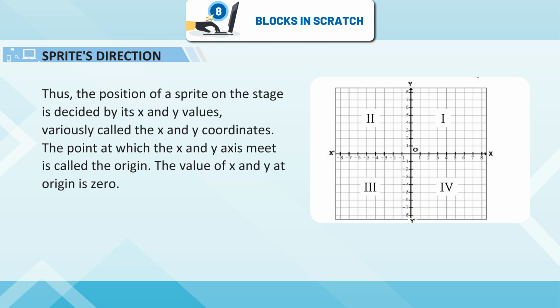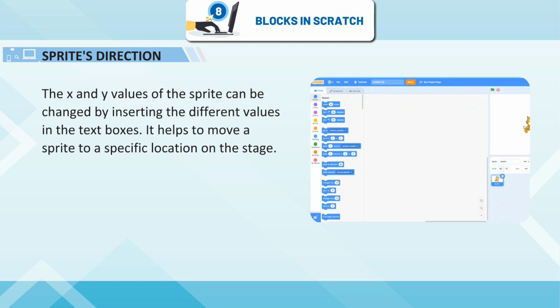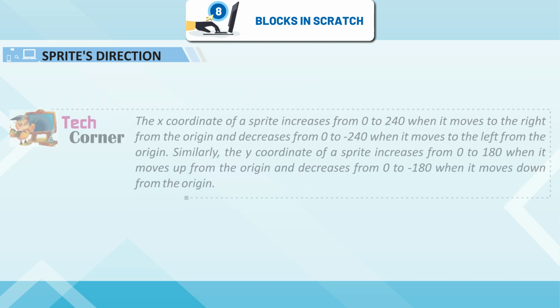Thus, the position of a sprite on the stage is decided by its x and y values, also called the x and y coordinates. The point at which the x and y axes meet is called the origin. The value of x and y at the origin is 0. The x and y values of the sprite can be changed by inserting different values in the text boxes. It helps to move a sprite to a specific location on the stage.